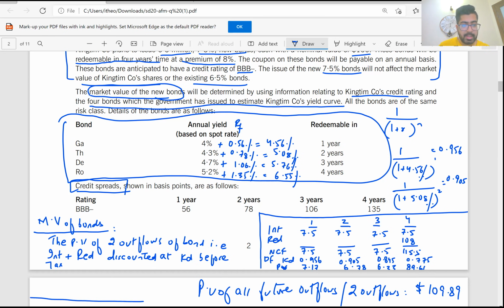This is written in WACC as bonds trading at 109.89 by 100, like the old bond was trading at 104 by 100. This market value is 109.89 by 100. Okay, please copy it.